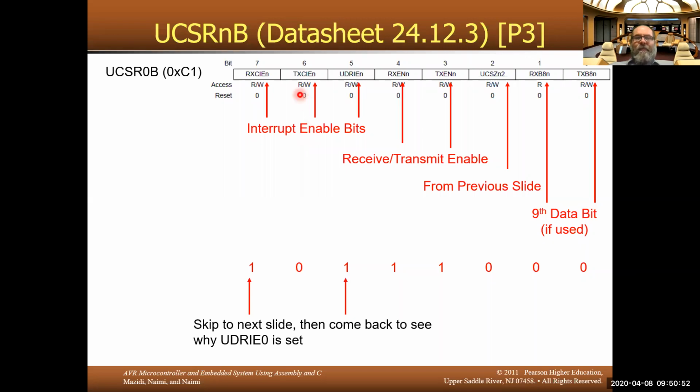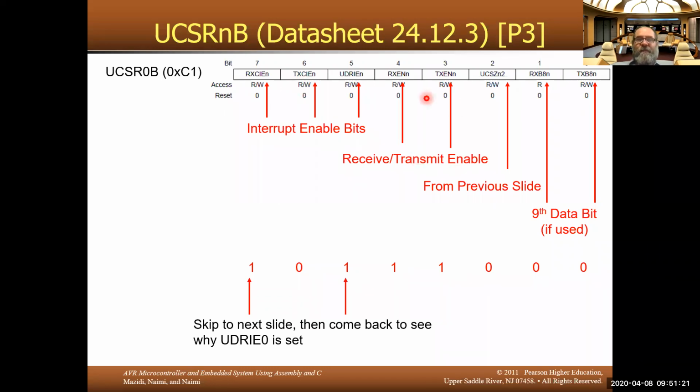We're not enabling the transmit interrupt initially, because if we enable this transmit interrupt immediately, we would get an interrupt to get a character to transmit, and we don't have anything to transmit yet. So this particular bit is not always going to be set to 1, because it's possible that we don't have anything to transmit. And the initial state is we don't have anything to transmit.